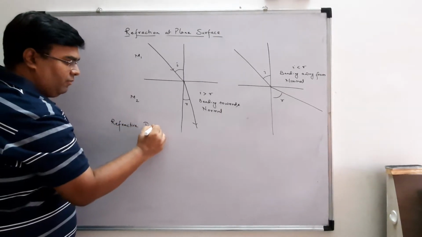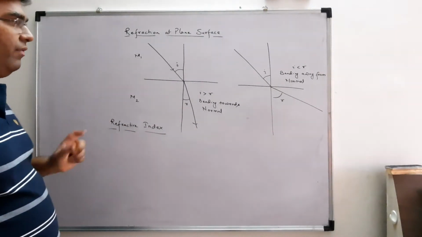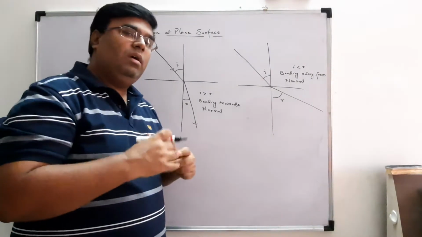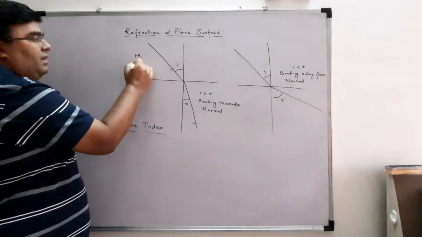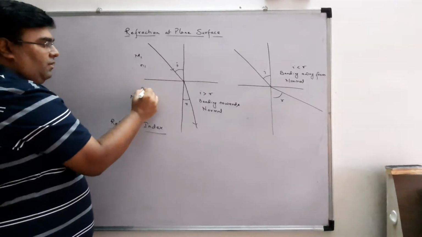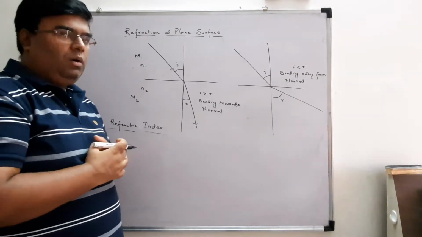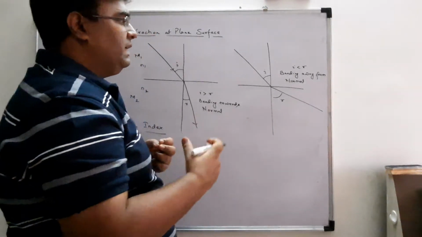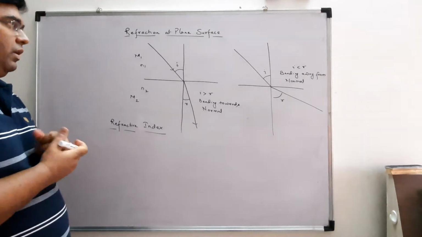Every medium has its own refractive index. Suppose for medium 1 it is N1, for medium 2 it is N2. Now we will see how the refractive index decides whether it is moving away or towards.